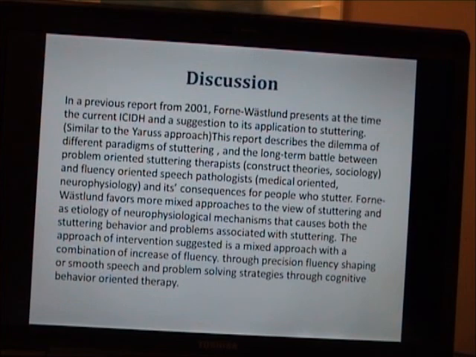The approach of intervention suggested is a mixed approach with a combination of increase of fluency through precision fluency shaping or smooth speech, and problem-solving strategies through cognitive behavior-oriented therapy.